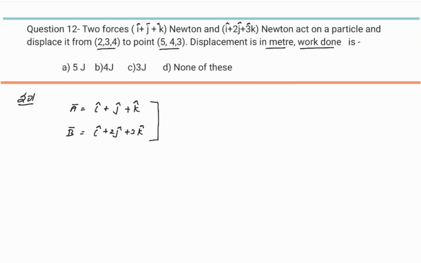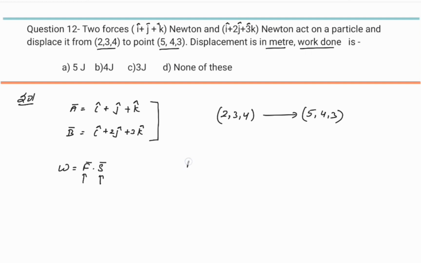These two vectors are the forces acting on the particle and displacing it from coordinate 2, 3, 4 to the new coordinate 5, 4, 3. First, work done, we know, is equal to force multiplied by displacement. Now this is the applied force, and this is the displacement.